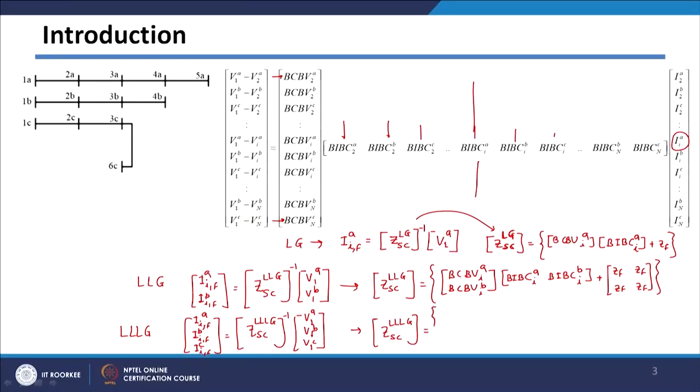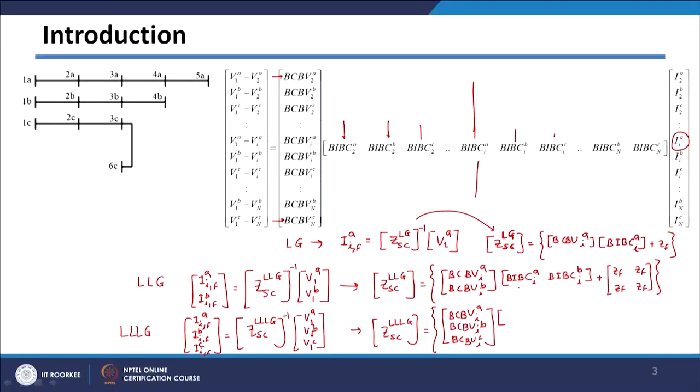we need to take all the three rows of BCBV corresponding to that bus, that is BCBV corresponding to A phase, B phase, and C phase.